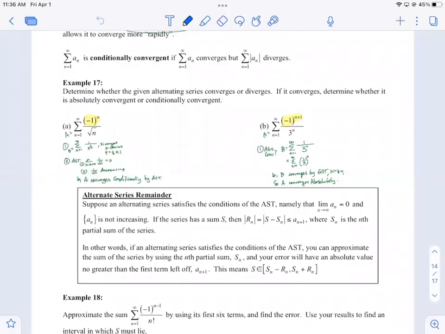All right. So we learned the alternating series test yesterday, and the alternating series is simply a series that does what? Alternates. And what does that mean? Negative to positive or positive to negative on consecutive terms. Okay. And there are two qualifications.